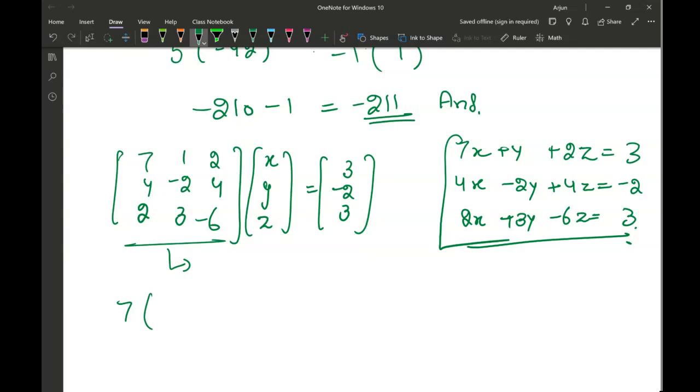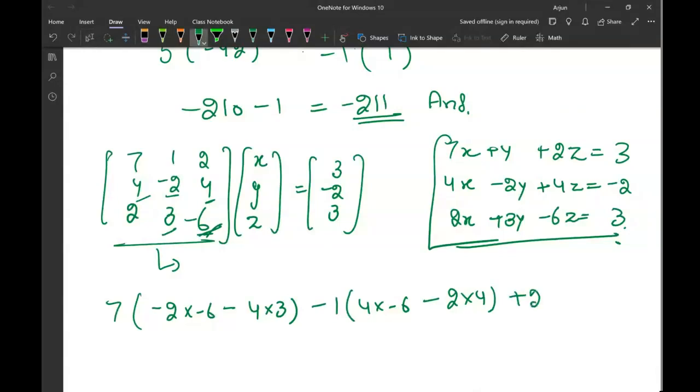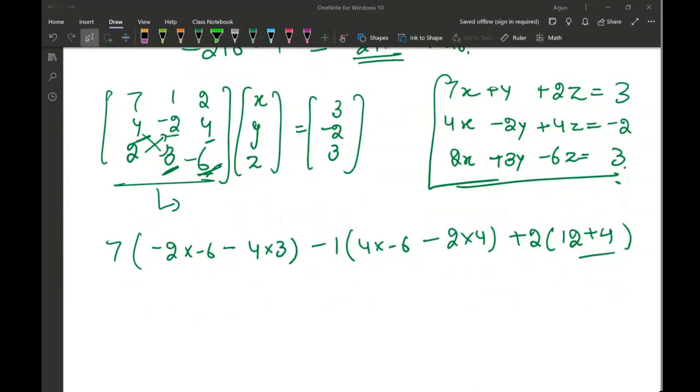So 7 times (minus 2 times minus 6 minus 4 times 3), and then minus 1 times (4 times minus 6 ...). These two terms I'm going to take, minus 2 times 4, and then plus 2 times 12 plus 4. That's what it's going to become, because 4 times 3 is 12, and minus minus is going to become plus 4. And then once I simplify, this is going to give me 64 as the number.